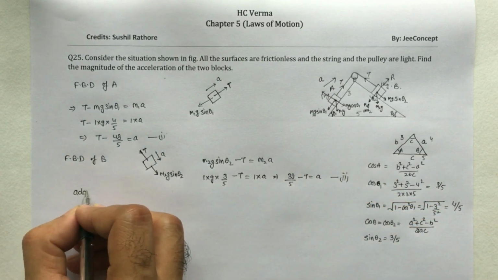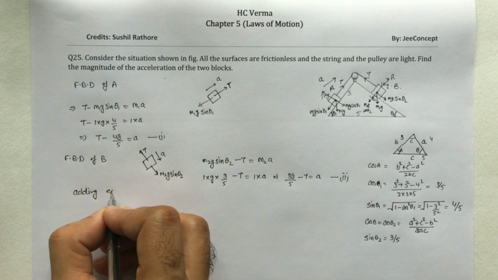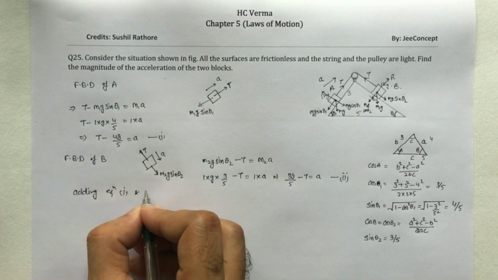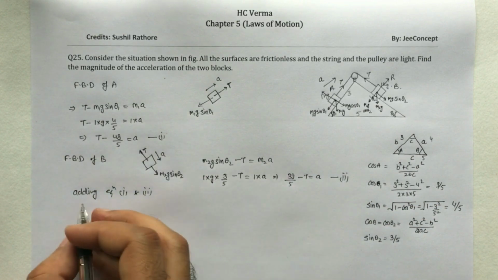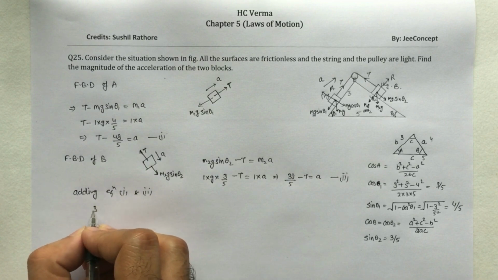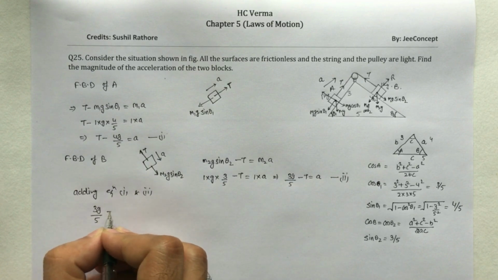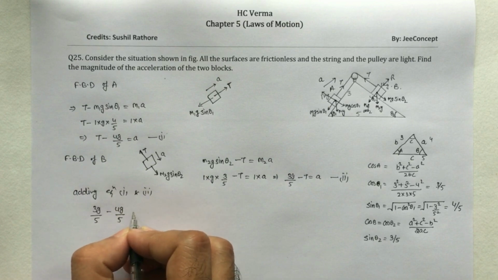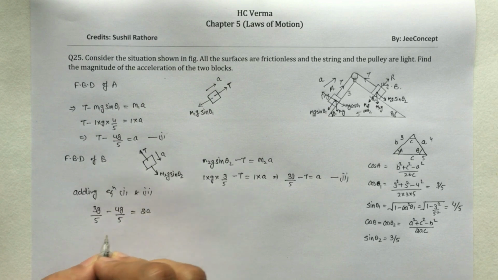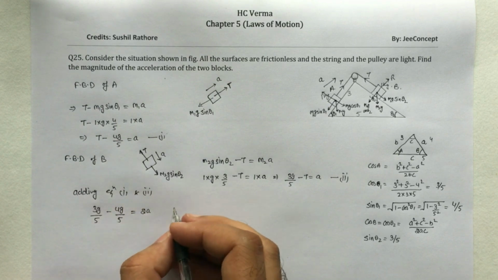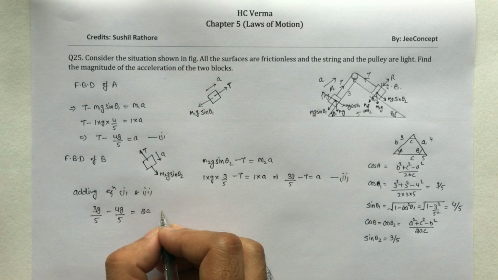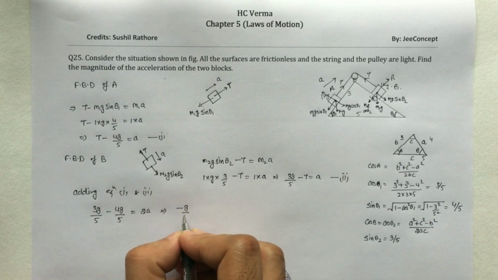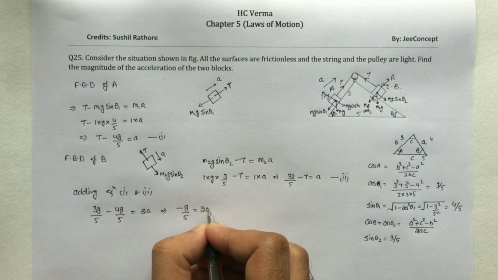Now adding equations 1 and 2, we get 3g by 5 minus 4g by 5 is equal to 2A. So this becomes minus g by 5 is equal to 2A.